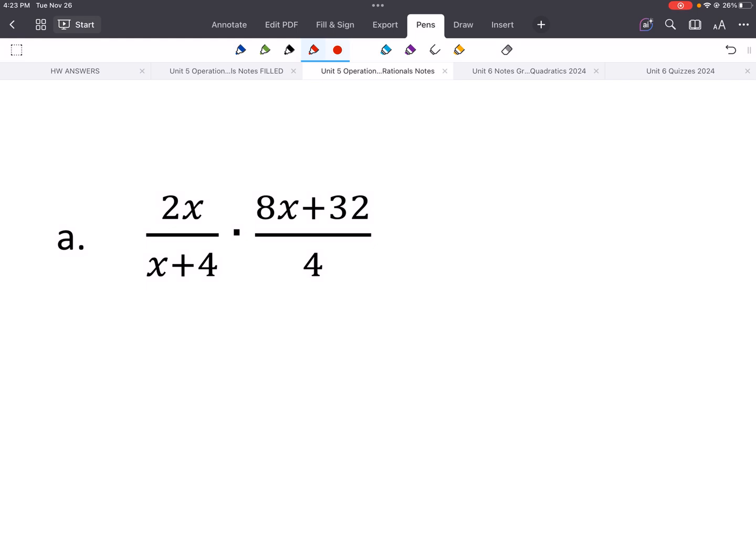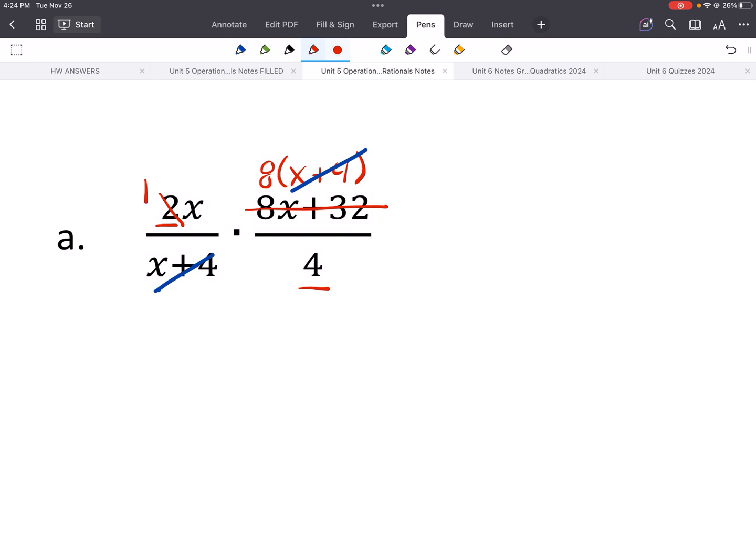8. So we could take out an 8, and we would get x plus 4, okay, which is helpful because now we can cancel out that x plus 4 top and bottom, okay? We can also simplify our coefficients here. Again, what could we divide 2 and 4 by? Well, we could divide them both by 2.